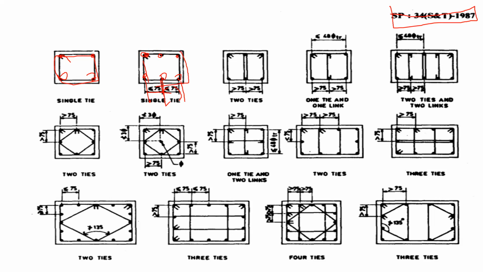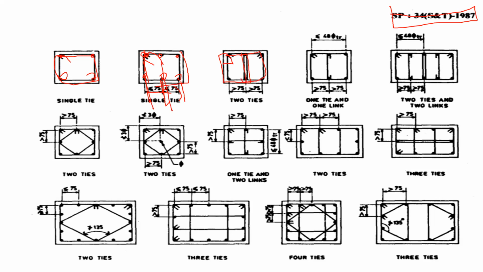Even though there are 6 rebar, you can provide only one lateral tie if the spacing between the bars is less than 75 mm. Suppose the spacing between them is greater than 75 mm, then we are going to provide two ties. One tie is from here to here, connected here, and the other one is connected from here to here.